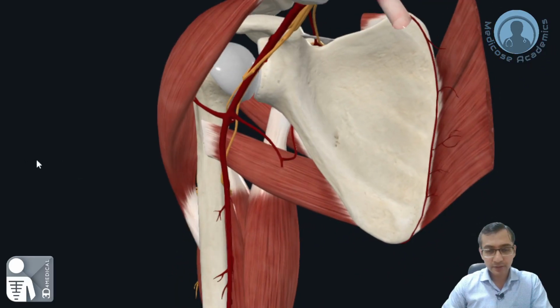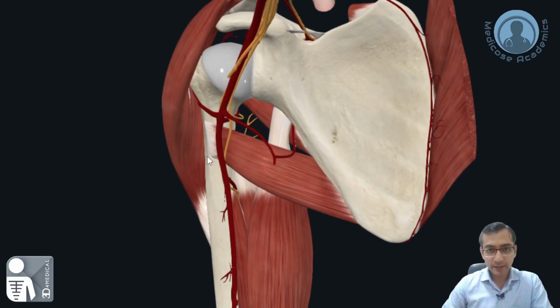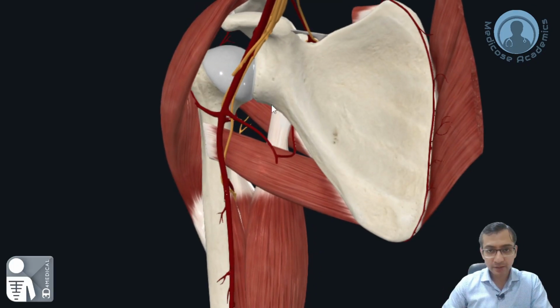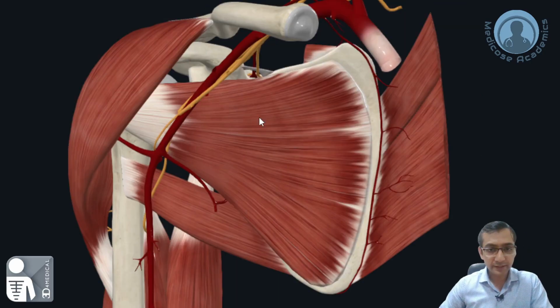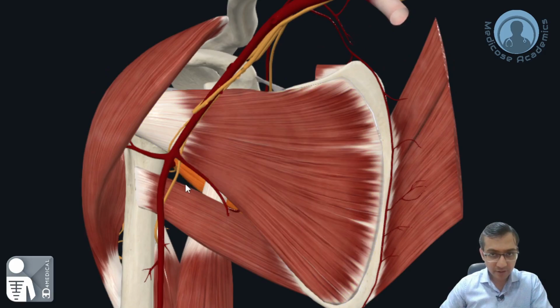So between this whole area, this is the quadrangular space, and it is present beneath the scapula. I've added the subscapularis muscle here. So anteriorly subscapularis, posteriorly teres minor.